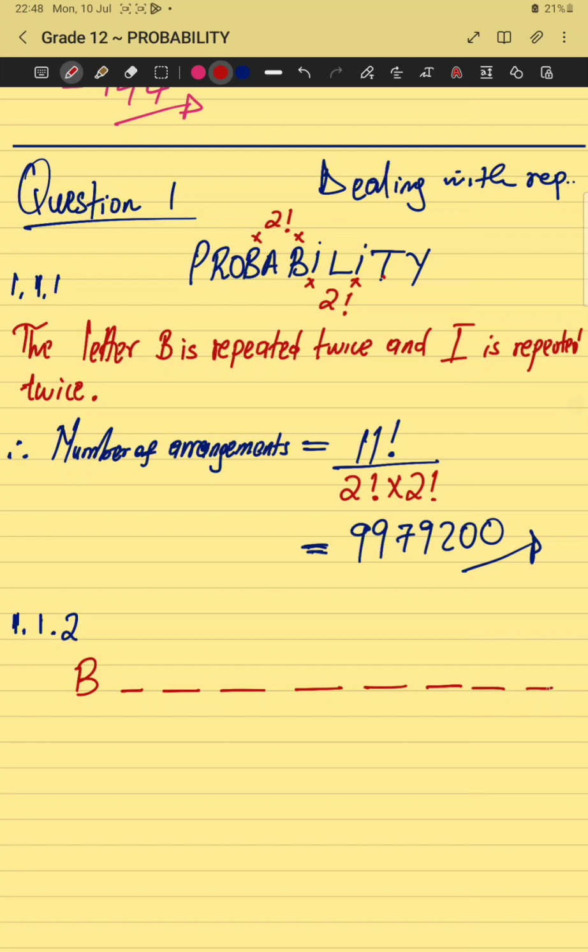The spaces must be 11, so let me just check. 1, 2, 3, 4, 5, 6, 7, 8, 9. Wonderful, so there must be 11. They are saying that if the word has to start with a B, that means B is already fixed.